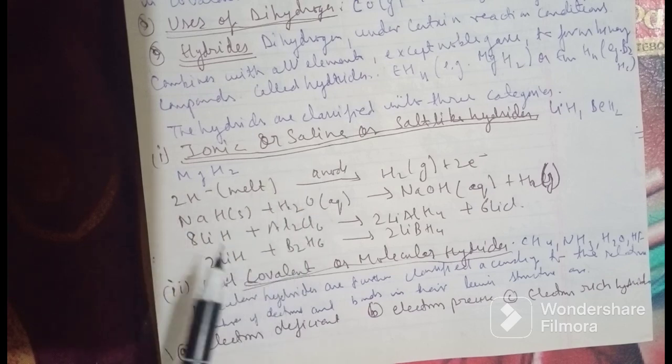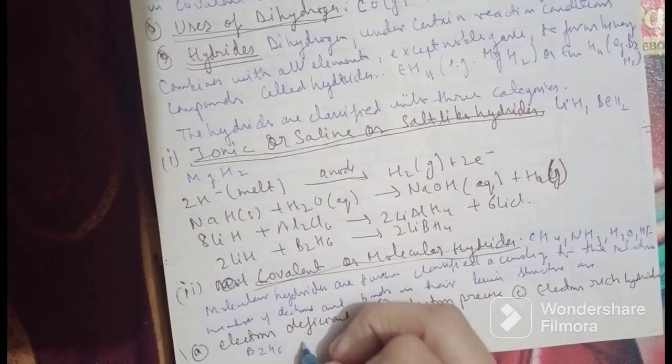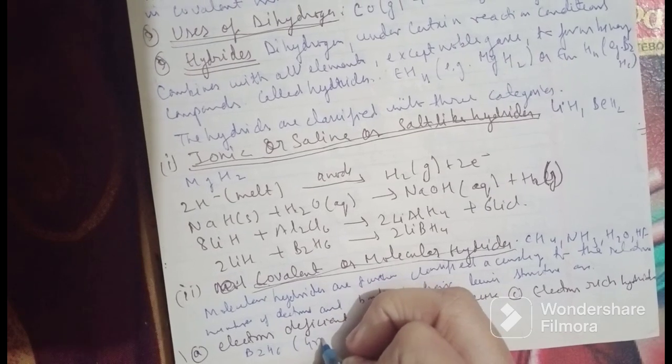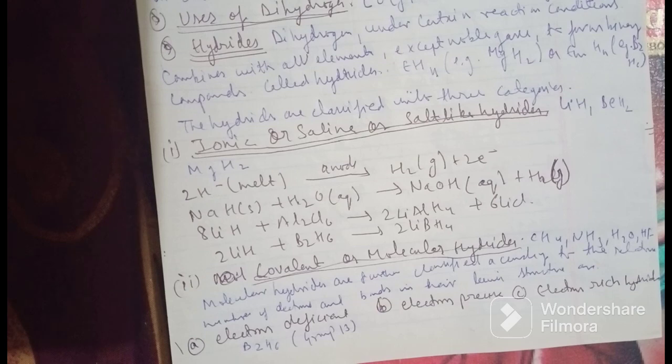They act as Lewis acids, that is, electron acceptors as well. So for electron deficient, the example is B2H6 of group 13. Now in terms of electron precise, these compounds have the required number of electrons to write their conventional Lewis structures.